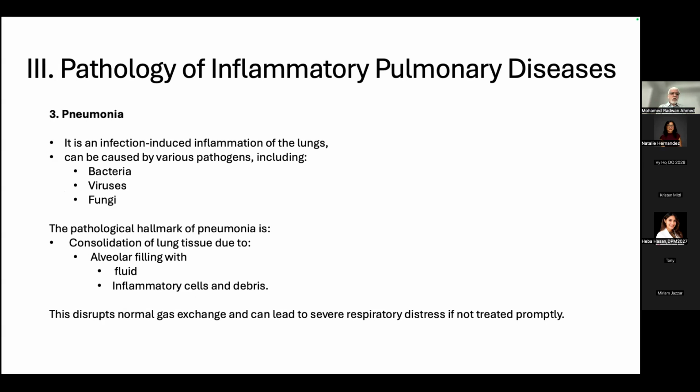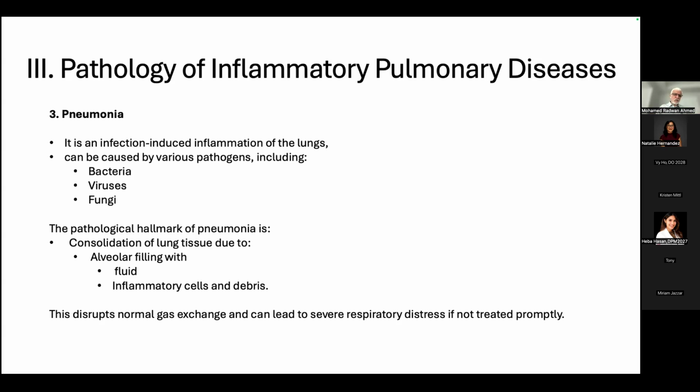So again, inflammation, as we said, the most common inflammatory pulmonary diseases are bronchial asthma, COPD, and then pneumonia. Pneumonia is just an infection. It's either bacteria, viruses, or fungi, and it depends.